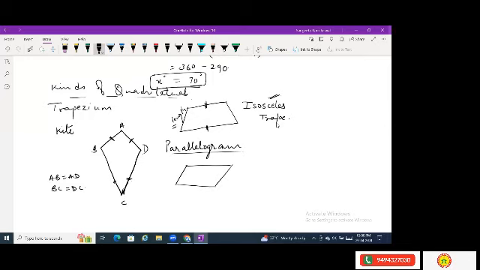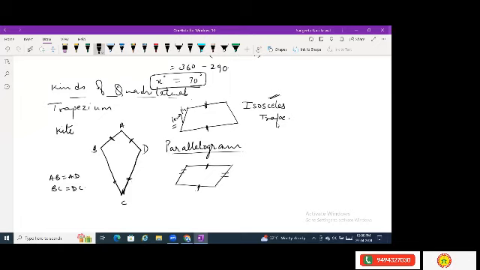So it's saying the first property is that the opposite sides of a parallelogram are of equal length. Opposite sides. This side is opposite with this side. So these two sides are opposite, they are of equal length. These two sides are opposite, they are of equal length.